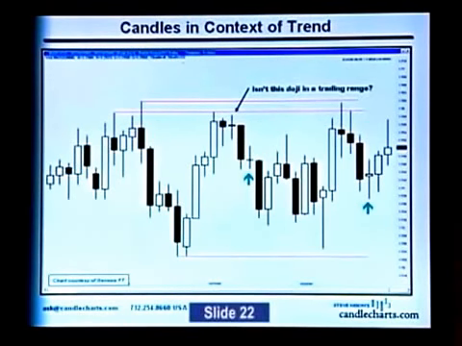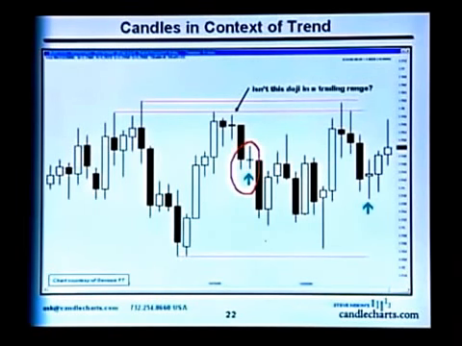Okay. The doji here at the green arrow, is that in the middle of a box range? Yes. Has no implications at all. There's no trend to reverse. And this is true with all the candlestick signals. We always have to think about the preceding trend.